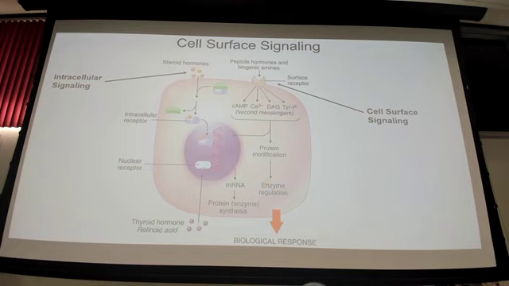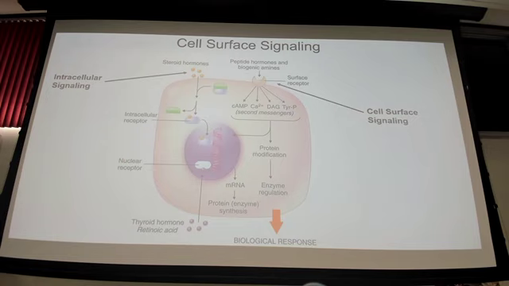And what happens when they bind to their receptor system is that it's going to cause some type of gene regulation, either upregulation or downregulation of a particular protein. And so that will be the biological response from the intracellular signaling pathway.